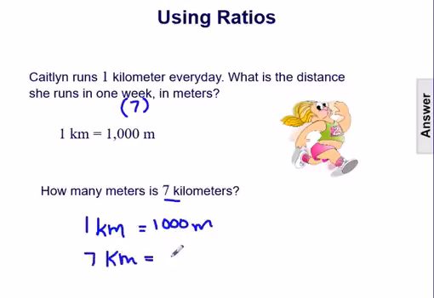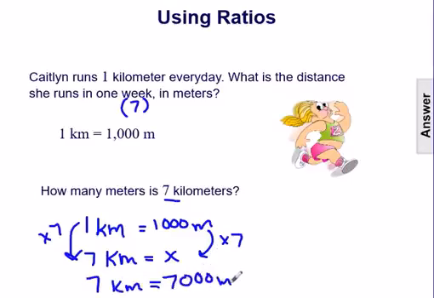We want to know that unknown amount of meters for 7 kilometers. Well, 1 to 7 would be multiplying by 7. So if I multiply 1,000 by 7, I'm going to get that 7 kilometers is 7,000 meters. So she is running 7,000 meters in 1 week.